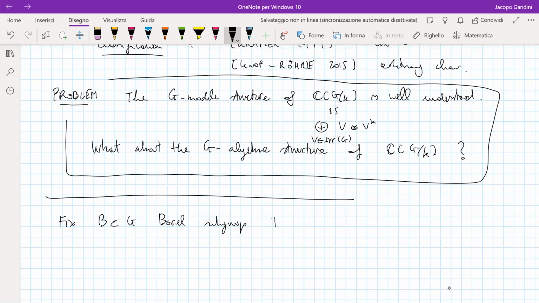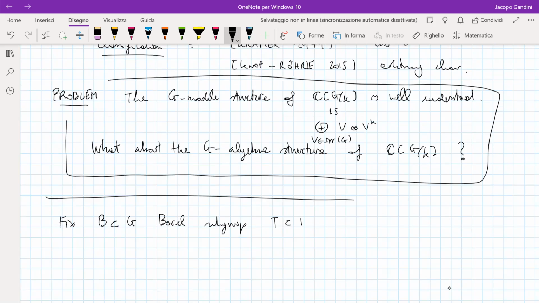And we fix a maximal torus. And we have the characters of the torus. These are all the standard stuff coming with a semi-simple algebraic group.